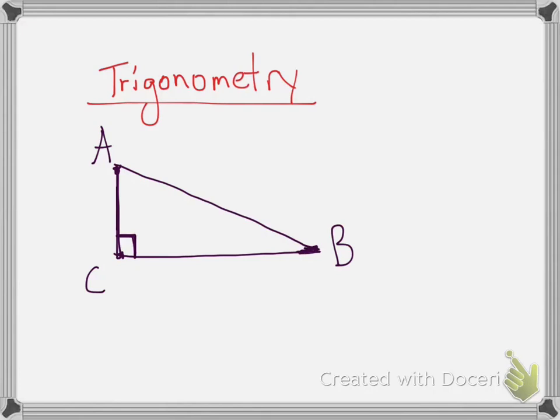What I want you guys to understand today is how we're going to talk about the different sides of this triangle. First off, I want to start with the one we already know. That's the longest one, and we call that the hypotenuse. There's two ways to remember the hypotenuse.